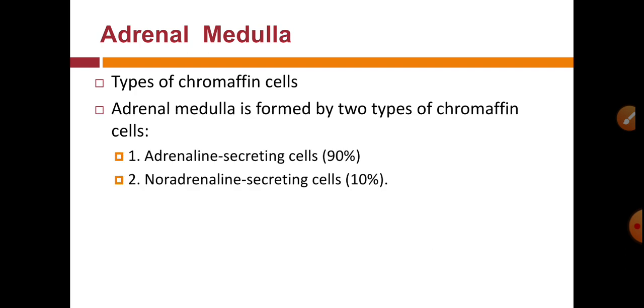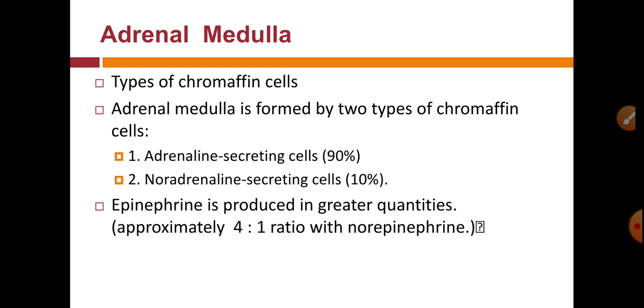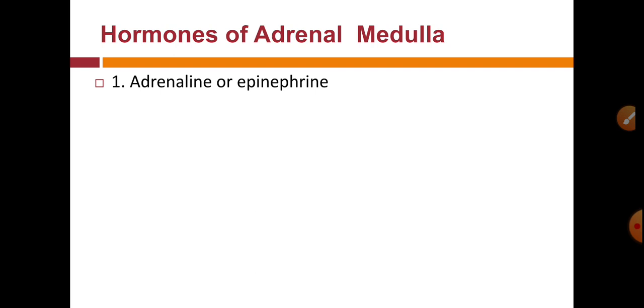Adrenaline secreting cells are 90%, while noradrenaline secreting cells are only 10%. So the secretion ratio of adrenaline and noradrenaline is 4:1. That means adrenaline is secreted in large quantity, while noradrenaline is secreted in very less quantity.